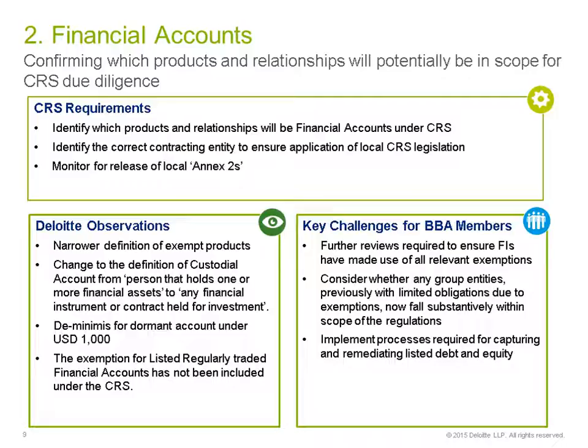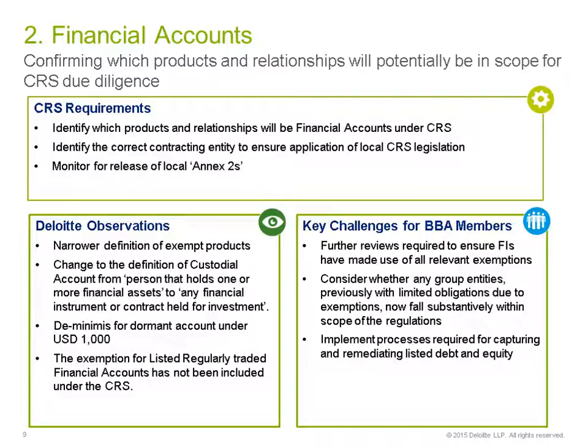For banking members, the key financial accounts will be depository accounts and custodial accounts. Under FATCA, we had a number of exempt products under Annex 2, and it will be important, and one of the key recommendations, to monitor for those exemptions as they apply to CRS to check the overlap between the two different regimes.